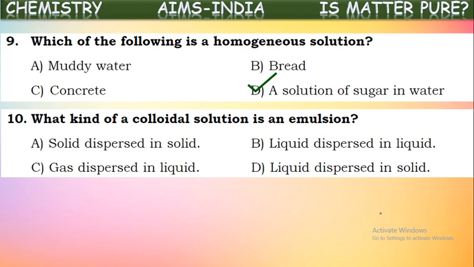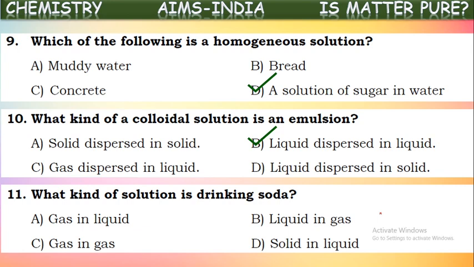Now we can say an emulsion is a colloidal solution formed when a liquid is dispersed in another liquid. Okay, liquid in a liquid colloidal solutions are called emulsions. Face creams and Vaseline are examples of these emulsions. Okay, next.